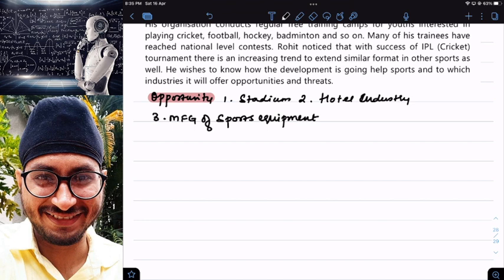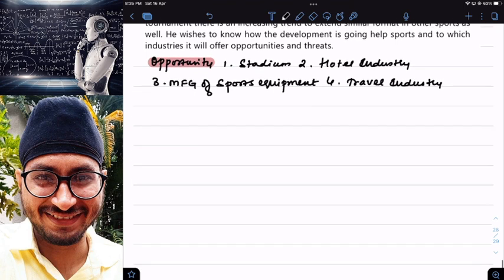This industry will also have an opportunity. Then the travel industry will also have an opportunity. Then media and television industry will also have, sir, advantage. That is an opportunity.